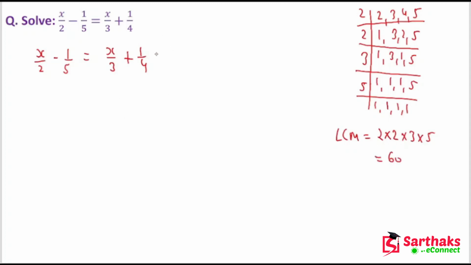So multiplying both the sides by 60 we will get x by 2 into 60 minus 1 by 5 into 60 is equal to x by 3 into 60 plus 1 by 4 into 60. Okay.